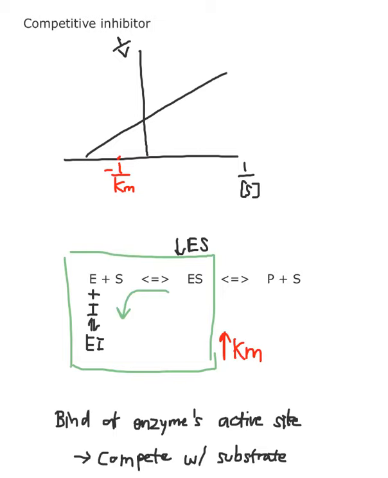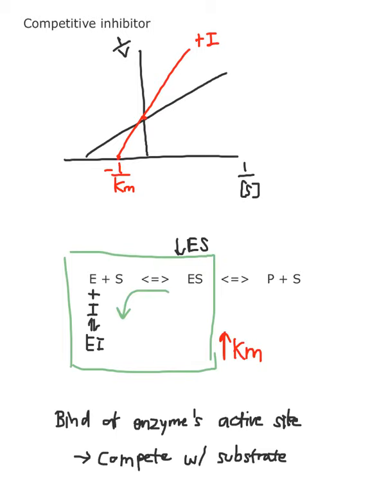So the Vmax will be equal to the initial Vmax. So Vmax apparent would still stay the same. So the graph would look like this when you have the inhibitor. So Km value would be increased, but minus 1 over Km will be less negative over here. Correct? So that is the competitive inhibitor.